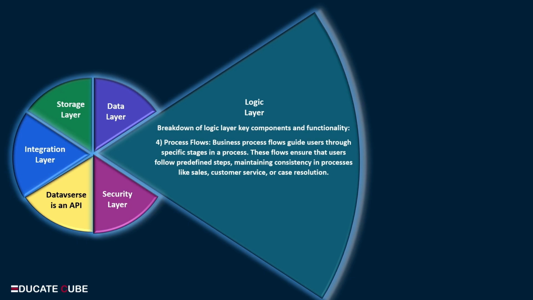At each stage, the system may prompt you to gather specific information or perform certain actions, like collecting customer feedback before closing the case. The process flow guides users through specific steps, ensuring that important actions aren't missed and that processes are followed consistently.